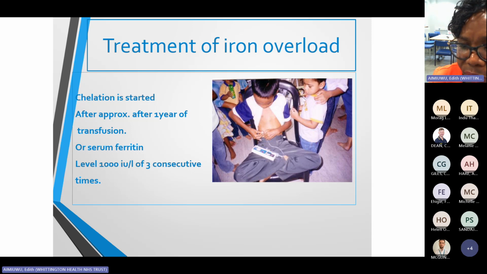And in starting before 1 year, because the oral chelator says from 2 years old, which means the baby will have to start on desferoxamine. So there's a lot of education on desferoxamine, how to use it, and we teach parents and sign them off to use it at home. But that is the monitoring you have to do. 3 consecutive ferritin before you decide to start chelator.